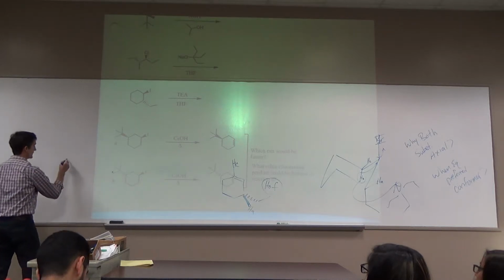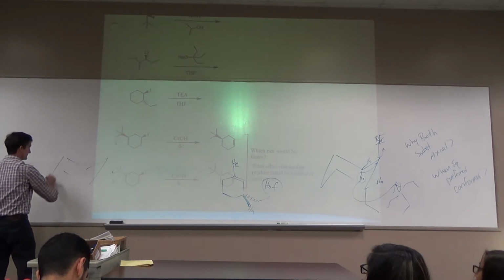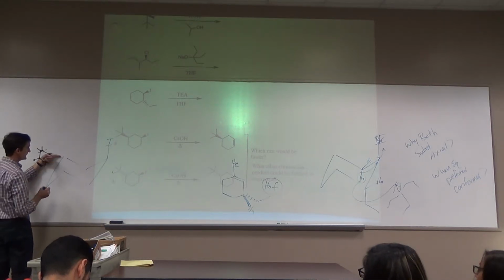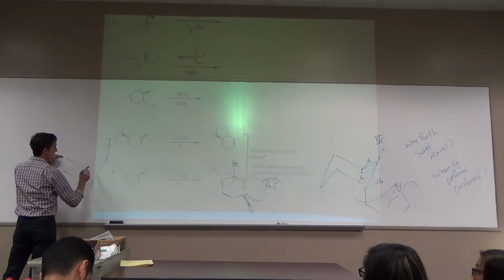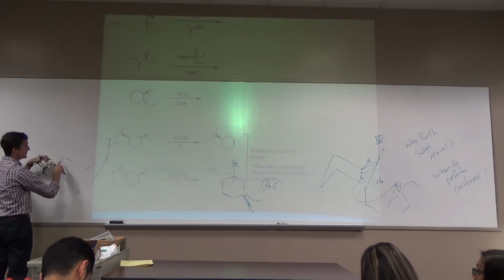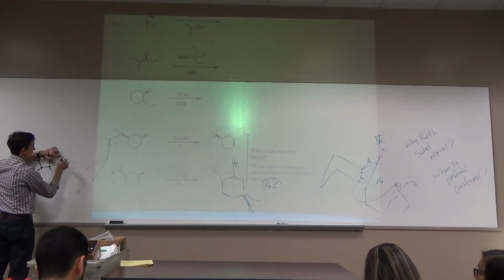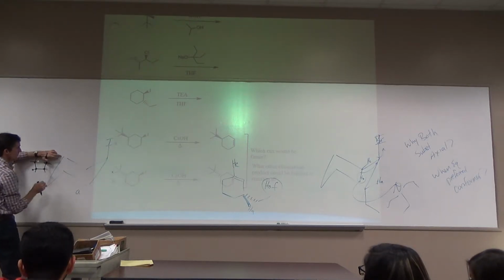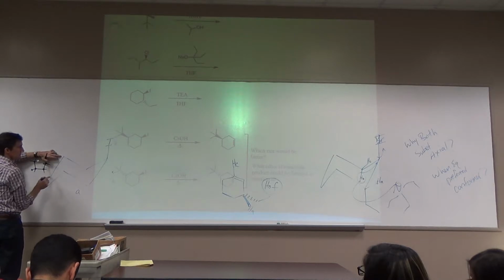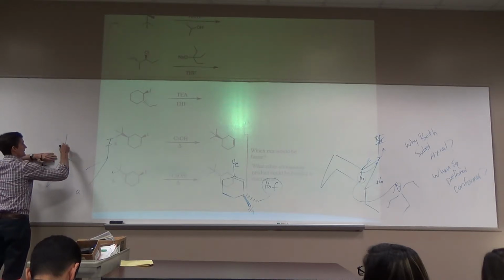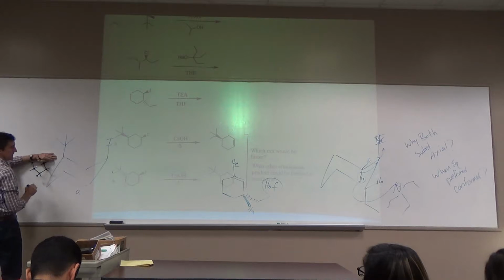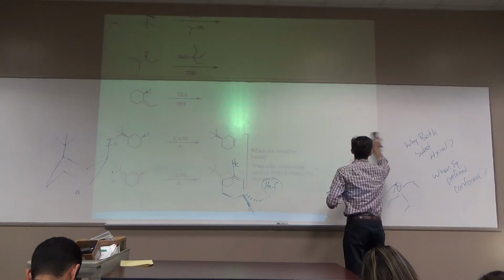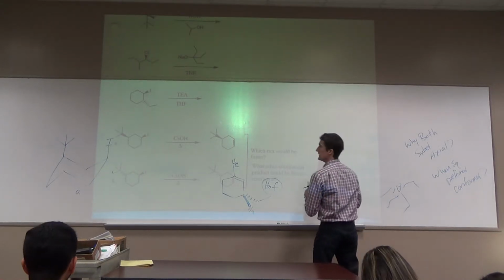Well, why don't we just draw it axial, and then let's look at the tert-butyl. If this is A, the tert-butyl is here. If that's axial, how will it be? Equatorial. It's cis, so this will be what? Also axial. This is A. What will B look like?